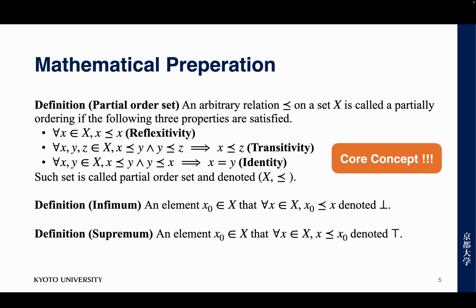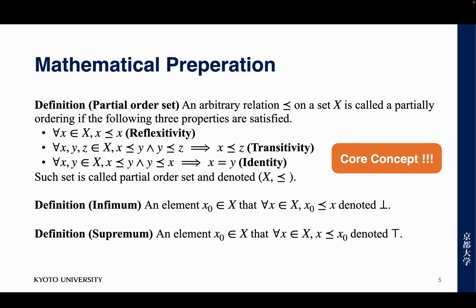Next, let's do some mathematical preparation before we head into the formal definition of abstraction and the concretization. An arbitrary relation smaller or equal to on a set X is said to be a partial ordering if the following three properties are satisfied. An element x in X should be smaller or equal to itself, namely the reflexivity.